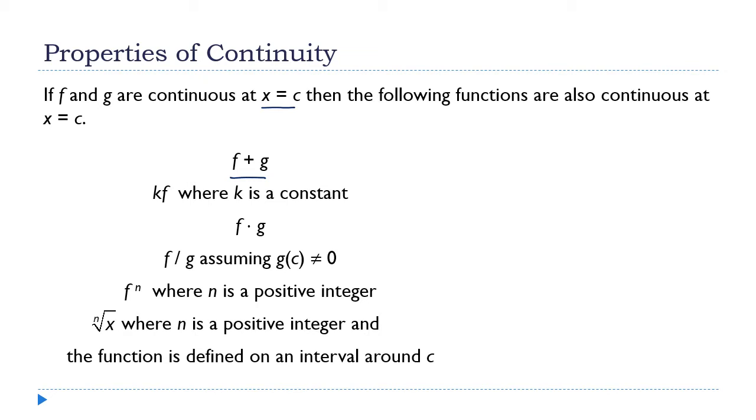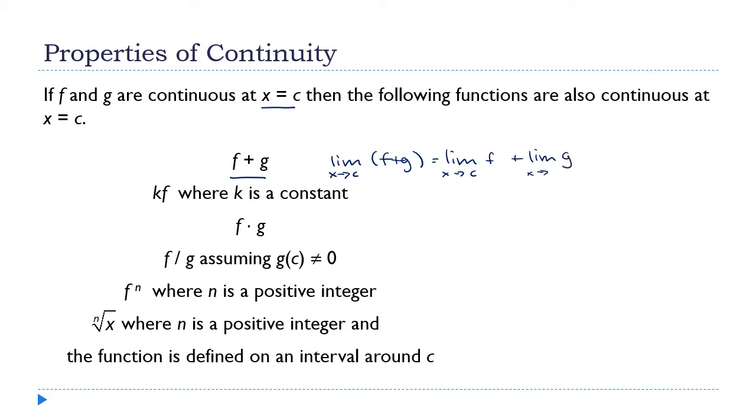Well, think about our three criteria for determining if a function is continuous at a point. First, is the function defined there? If f is defined at c and g is defined at c, then f plus g is going to be defined at c. And we want to talk about the limit as x approaches c of f plus g. Our limit properties say I can split this up into the limit as x approaches c of f plus the limit as x approaches c of g.